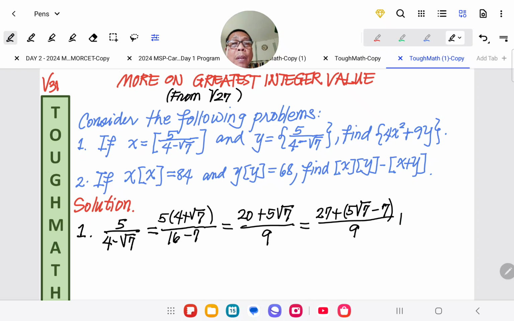27 divided by 9 is 3, so we have 3 plus the irrational part 5 square root of 7 minus 7 over 9. So we first verify whether the irrational part of this expression is less than 1 using the test that we have introduced in video number 27.